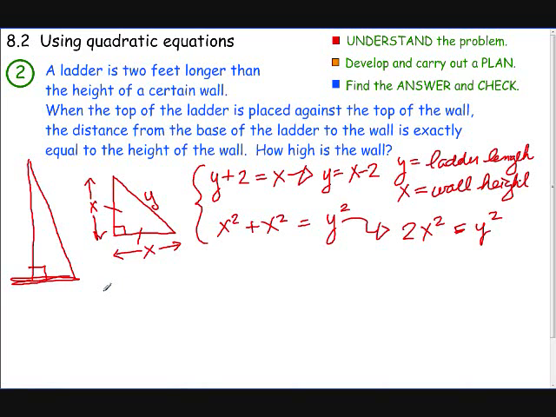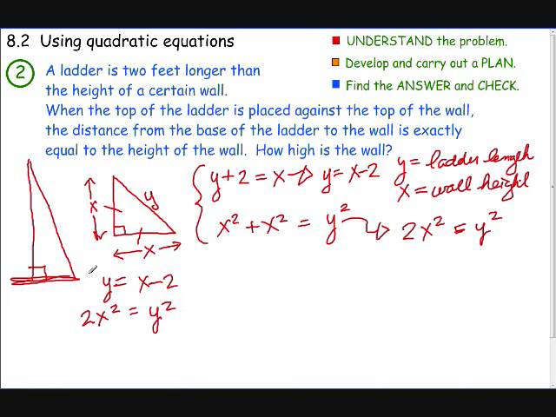Okay, I'm going to write those two equations down here. How awful is my handwriting? Y equals x minus 2 and 2x squared equals y squared.